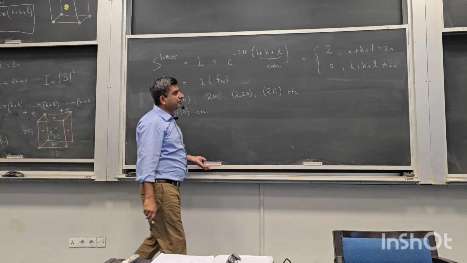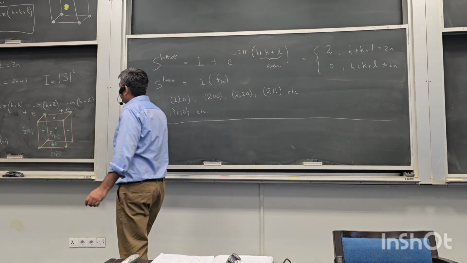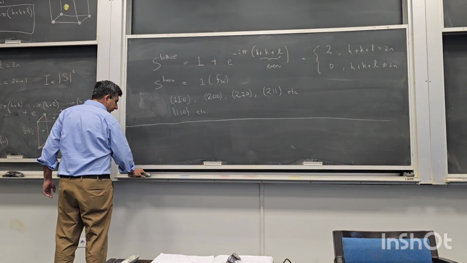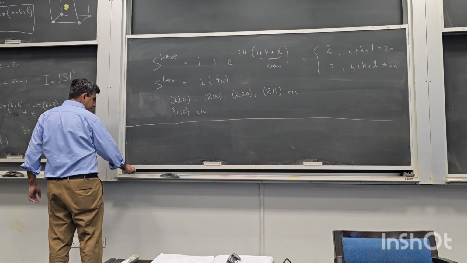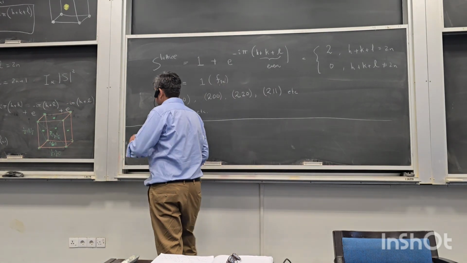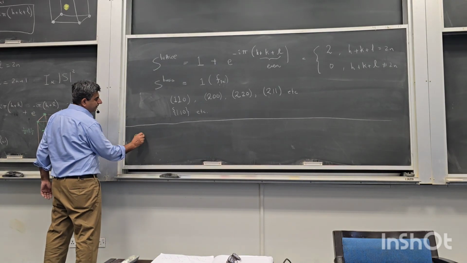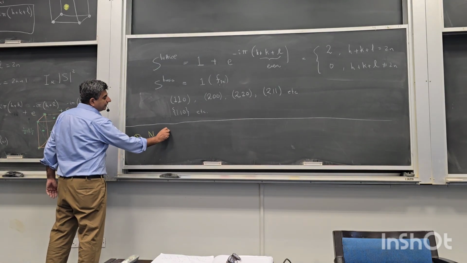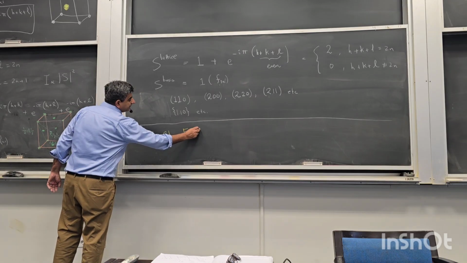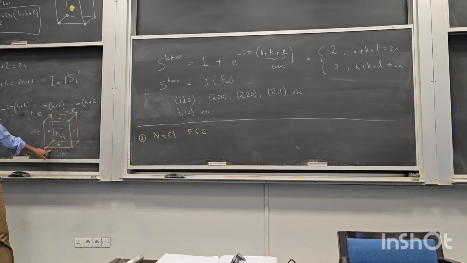Okay, now I would like you to look at one structure, and that is our third example. Let's look at sodium chloride. Now, sodium chloride crystallizes in the FCC structure. This is the unit cell for FCC.